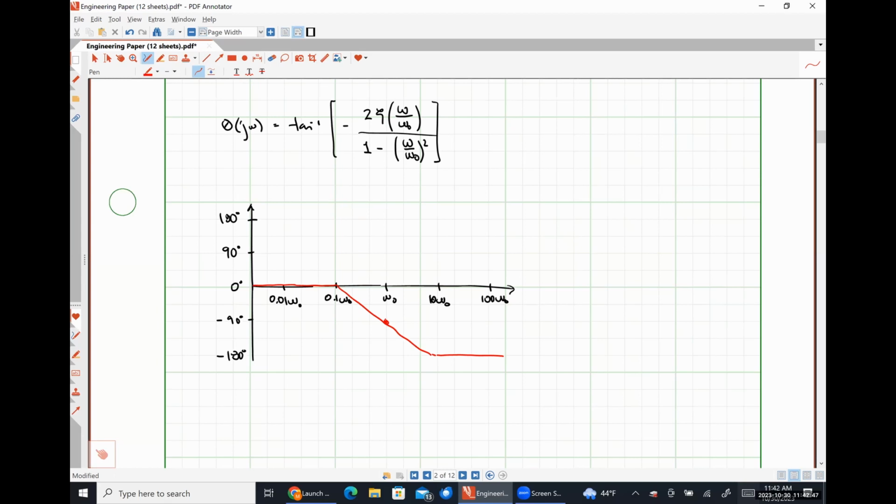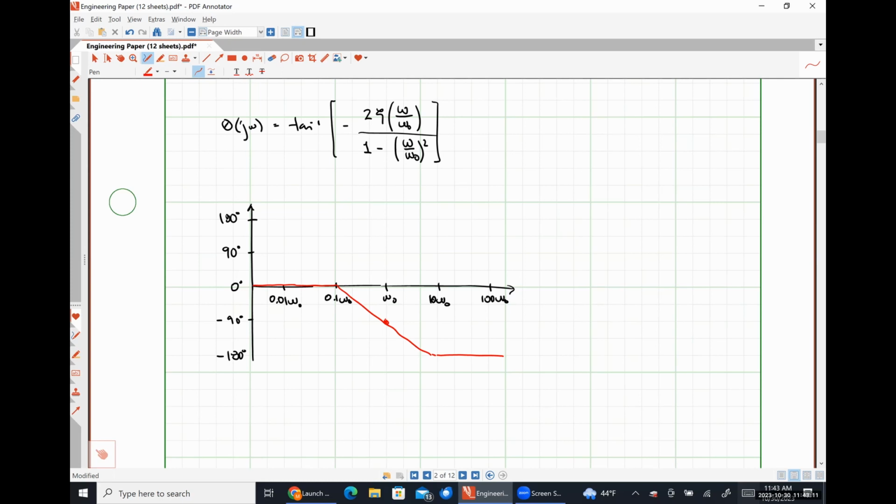It starts decaying at about 1/10 of our resonant frequency, and it hits its value of negative 180 at about 10 times our resonant frequency, exactly like what we would expect for a repeated pole, right? For a single pole, it's doing the exact same thing, except that it hits negative 45 degrees at that corner frequency.